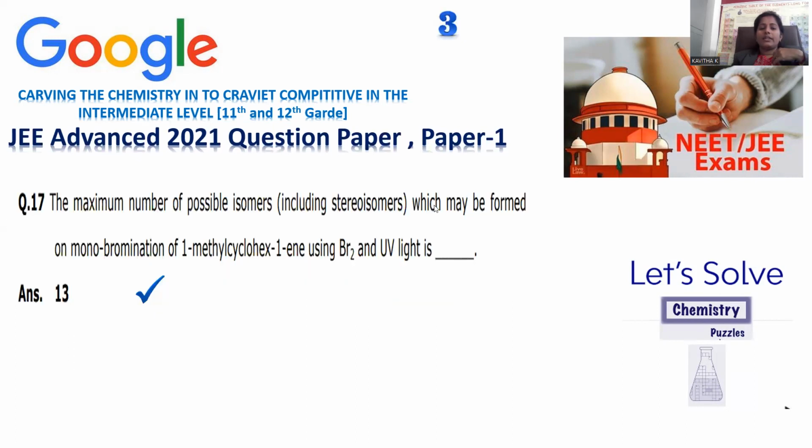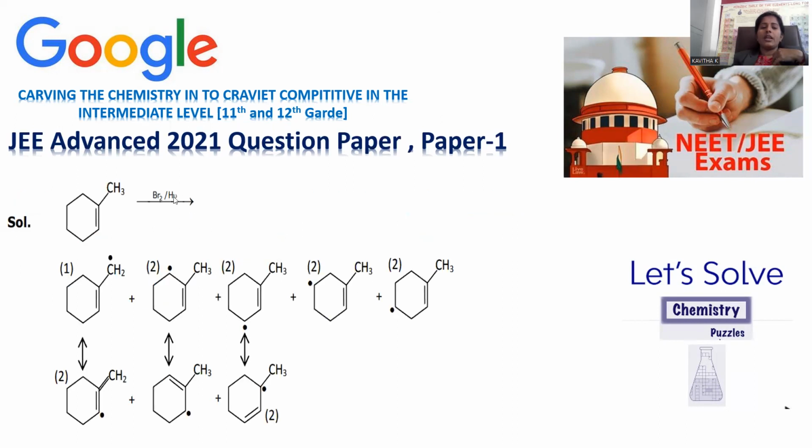And what are they treating with? They are treating with bromine under UV light conditions. Whenever this is the case, you need to observe how many possible cleavages there are. If you see the possible cleavages, you can work out how many possible isomers we will get.